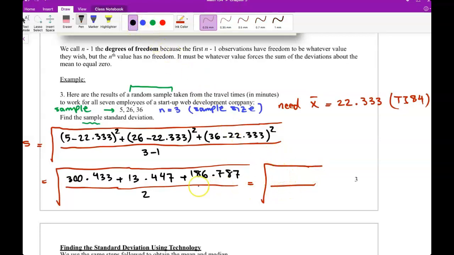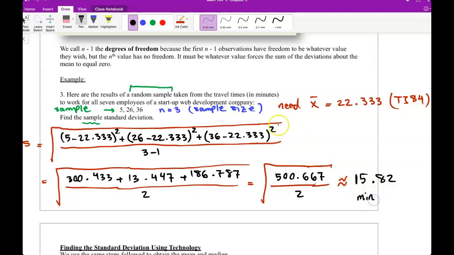That is equal to, adding all these three on top, 500.667 divided by 2. Okay, rounding, the answer is 15.82.